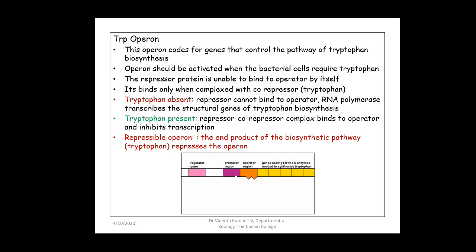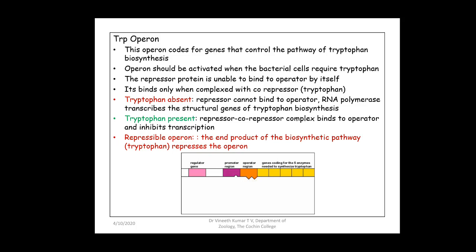So here what happens is, whenever tryptophan is absent, the biosynthesis occurs and the amount of tryptophan increases, according to the need of the bacteria. Tryptophan will be used for the production of many enzymes, many proteins, etc. The amino acid will be used, and whenever the production exceeds, the biosynthetic pathway will move on and more and more tryptophan will be produced.